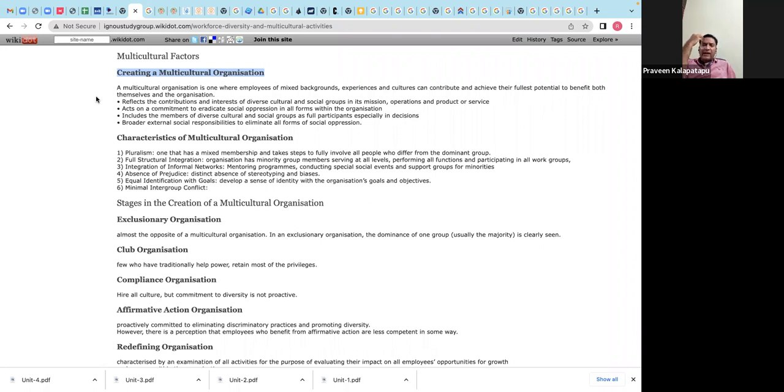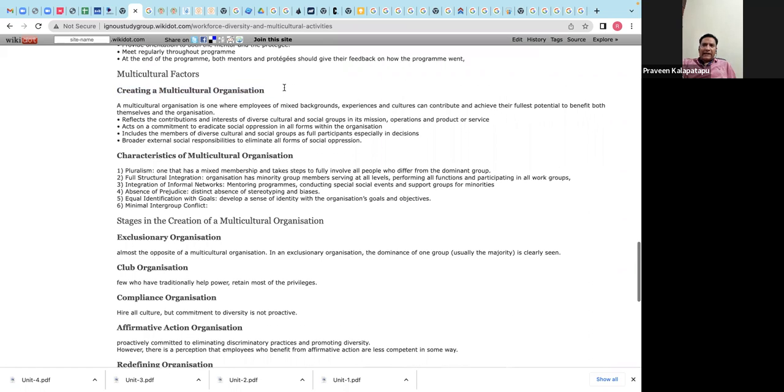Multicultural talks mainly about cultural aspects, diversity from the angle of culture. Typically, multicultural organizations will have people of mixed backgrounds and mixed cultures, and whoever contributes back to the organization would all be part of it.